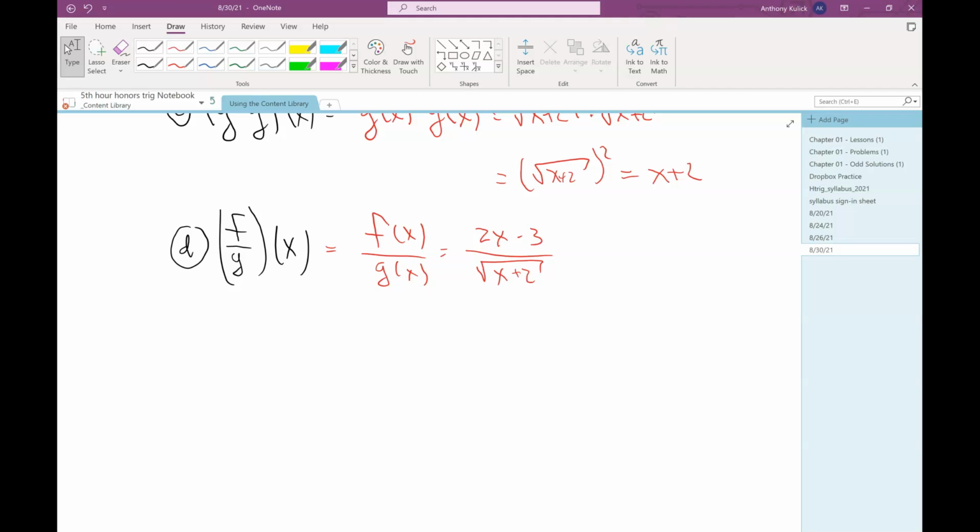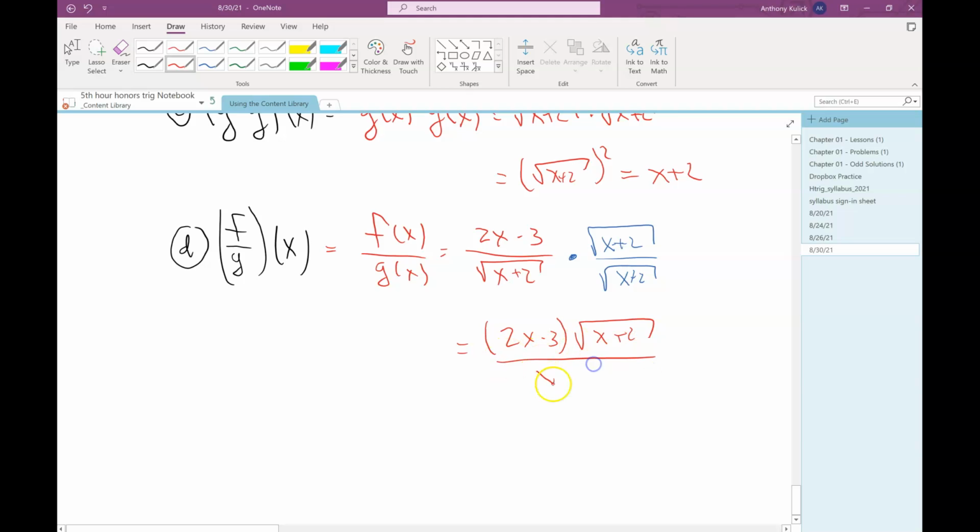Anybody want to rationalize that denominator? Probably that fits with what we've been told, right, is to do something like this.